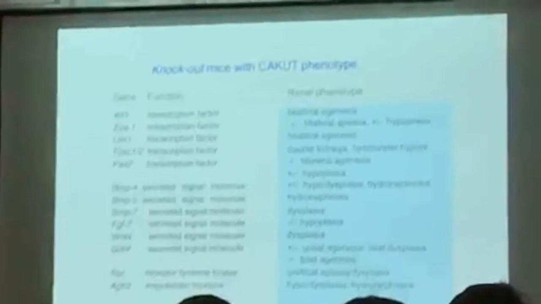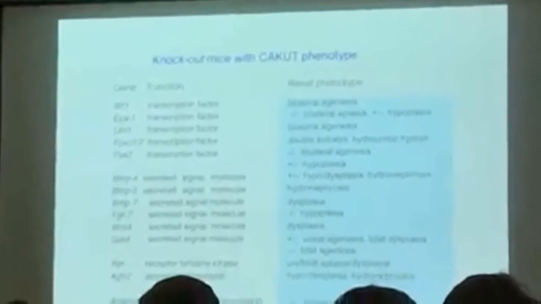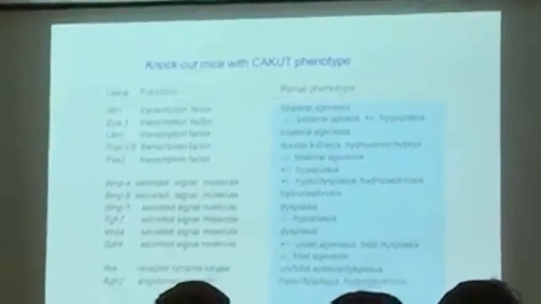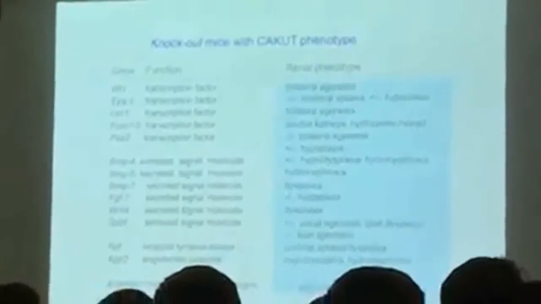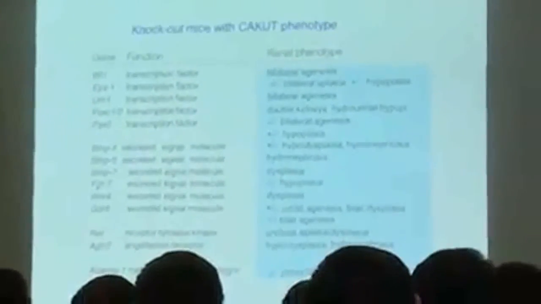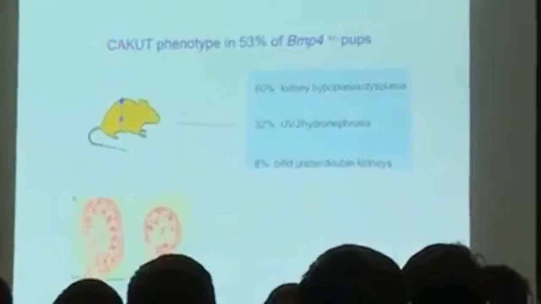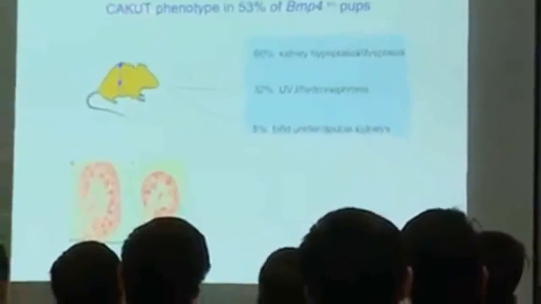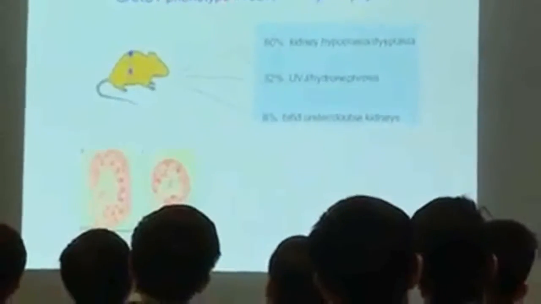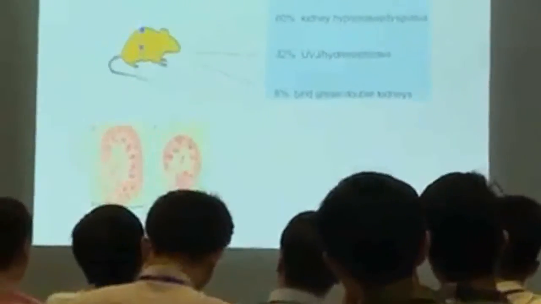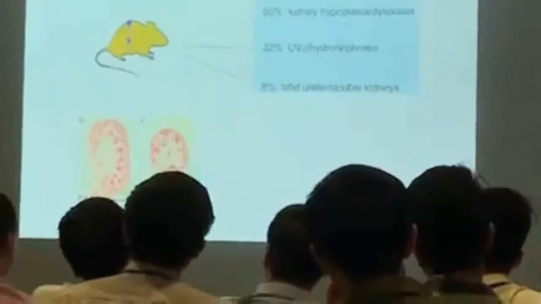And you don't need to remember all these things. You just need to know that different races have different genetic mutation conditions. Especially BMP4 includes hydronephrosis and dysplasia as well. In the congenital anomaly of kidney and urinary tract, the phenotype is in 53% of BMP4 plus-minus pups.